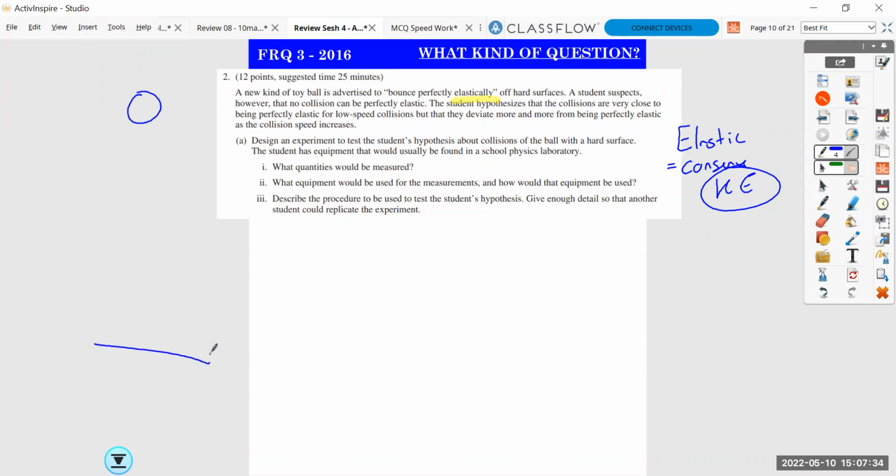Either you would drop it from some height and see how high it bounces. And if it's perfectly elastic, it'll get up to exactly the same height. Or you'd drop it or chuck it at something. Maybe you would throw it at the ground and say, if it's perfectly elastic, then the velocity it hits the ground with, it should be going in exactly the same velocity in the other direction when it bounces off.